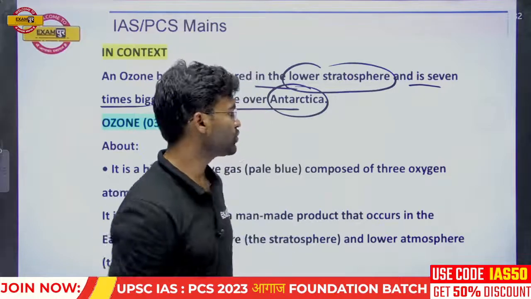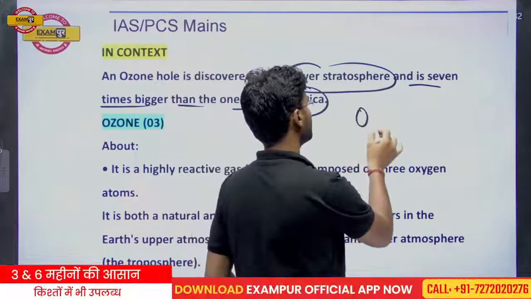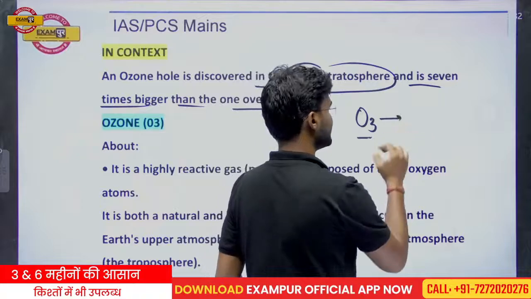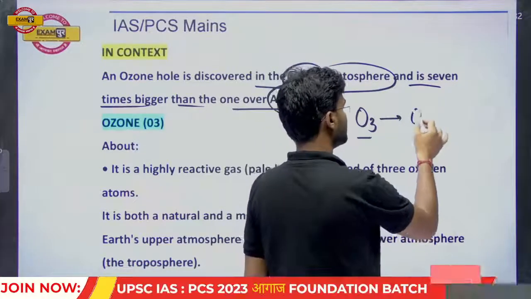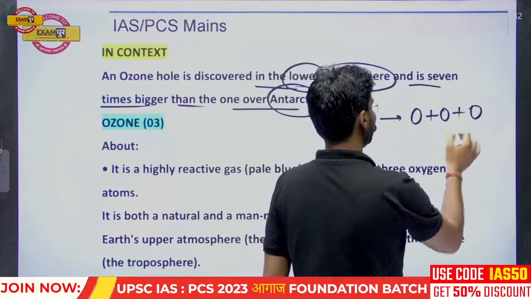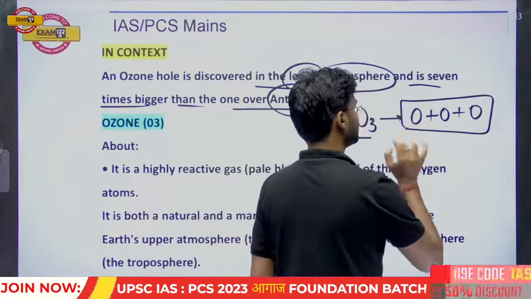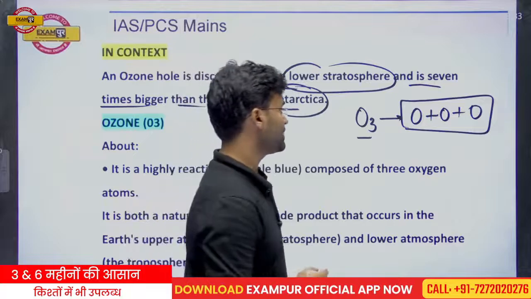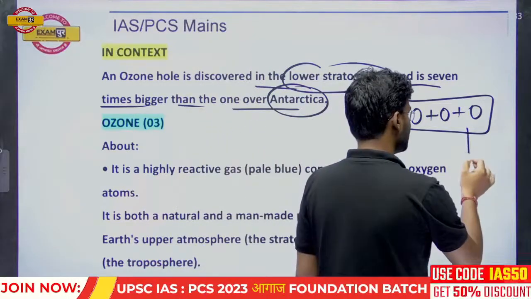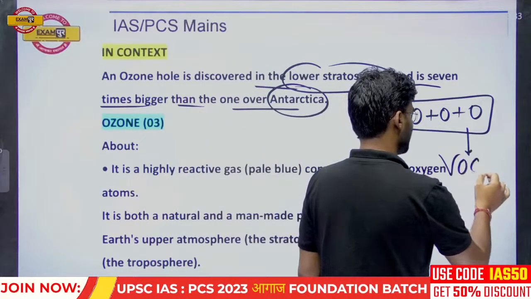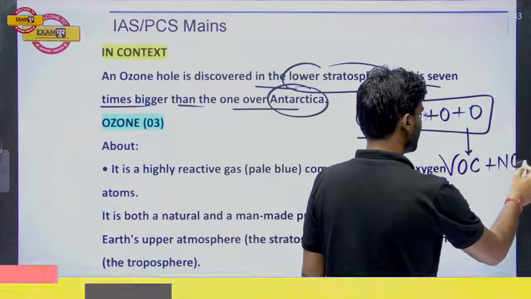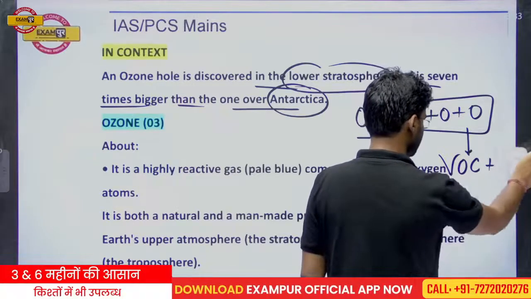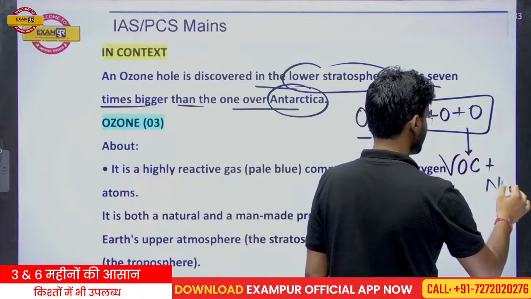As you know, ozone is a gas, or you can say ozone is an allotrope of oxygen, which is made from 3 atoms of oxygen, and this is a highly reactive gas. This ozone is formed by the reaction of volatile organic compounds with the oxides of nitrogen.